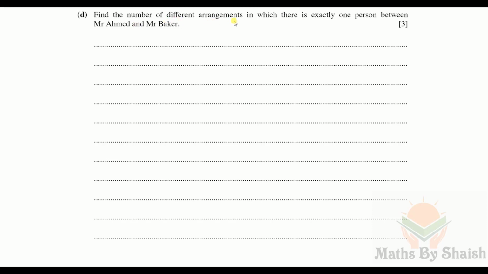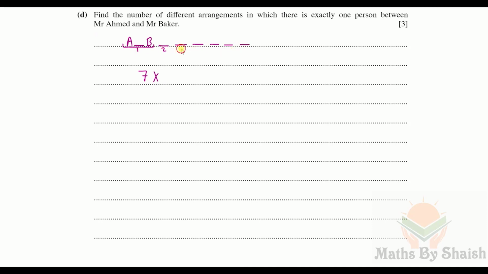Find the number of different arrangements in which there is exactly one person between Mr. Ahmed and Mr. Baker. So we can make a group of 3 people here, and on either side, Mr. Ahmed and Mr. Baker will come, and we have to arrange one person here out of course 9 minus 2, 7. This first place can be filled in 7 ways because there are 7 people, and afterward we'll see the other 6 over here.